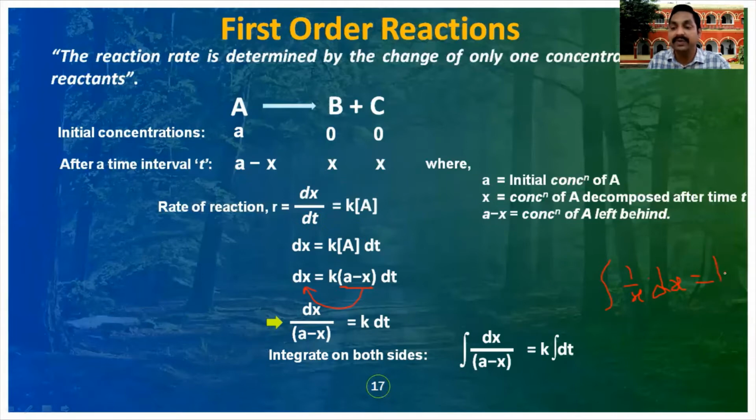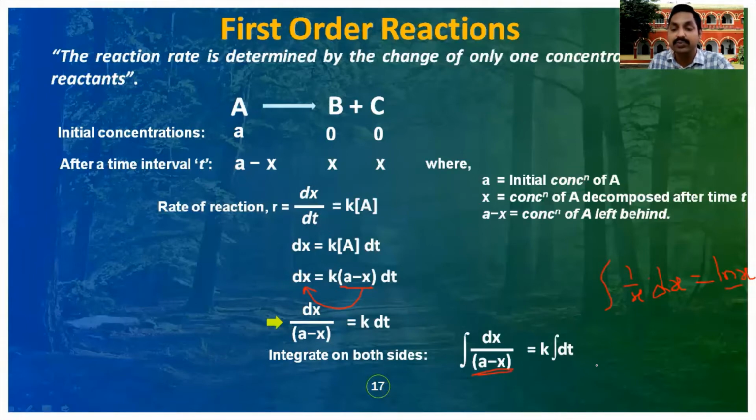What is the difference between log and ln? Ln is log base e. If you simply write log, that means log base 10. So the integration of 1 by x is ln x. But here in this integration, instead of x we have a minus x. So what will be the integration of this one?